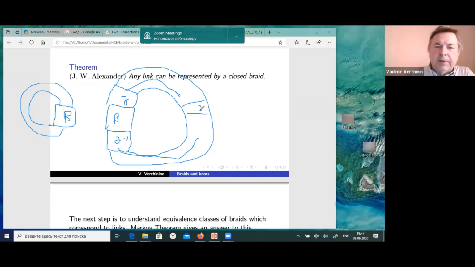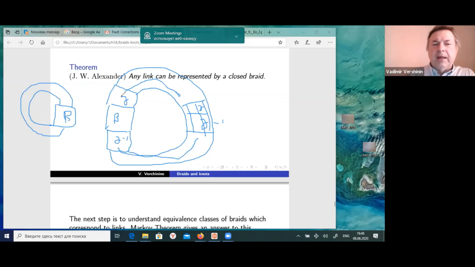Here is gamma, here is gamma minus 1. They kill one another, and you will have simply unknotted strands.